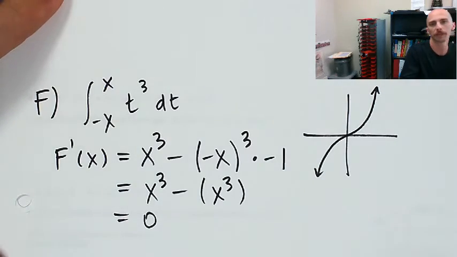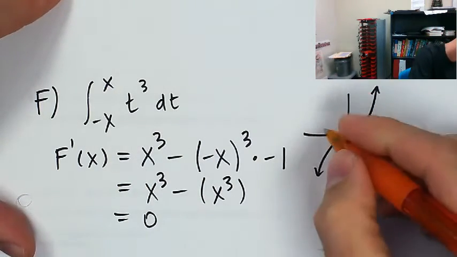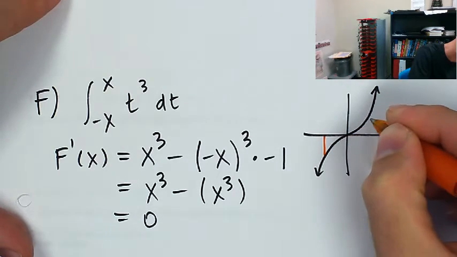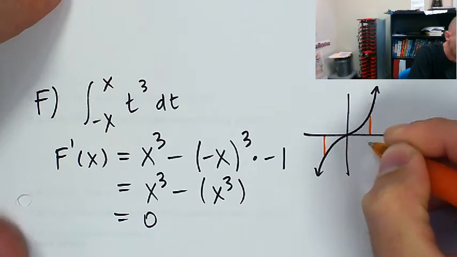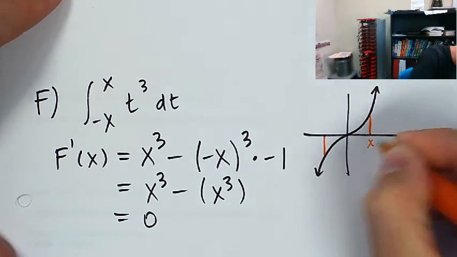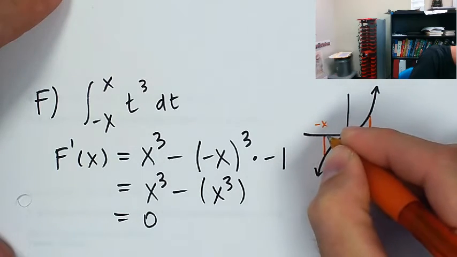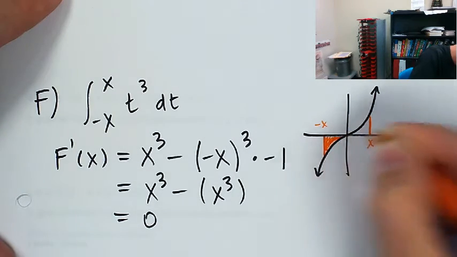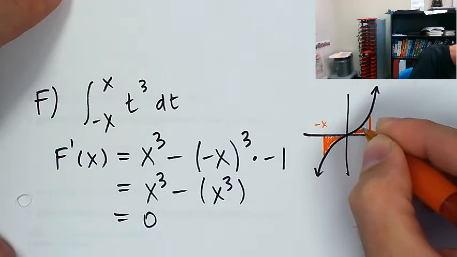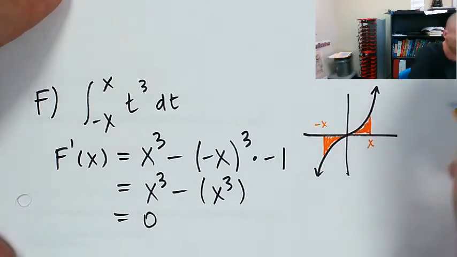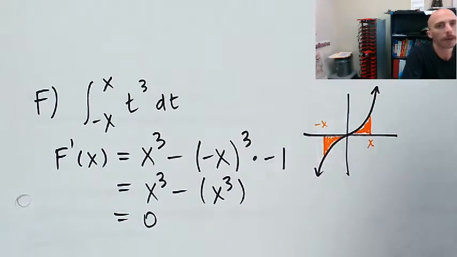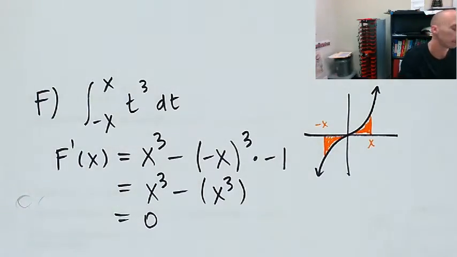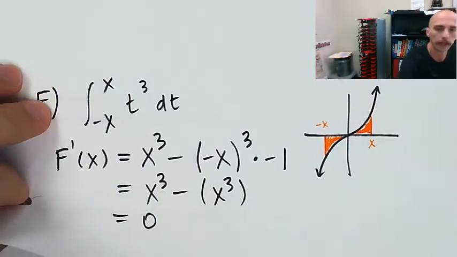And there is a property of odd functions that if you're integrating them over a region that's symmetric around the origin, say I'm going just that far, and I go that far on the other side, x to negative x, these areas are going to balance out, right? I can say that this amount of area here is going to be the same as that amount of area there. And since they balance out, that area is going to be 0. That function is always 0. A 0 function has a 0 derivative. Okay. All right.